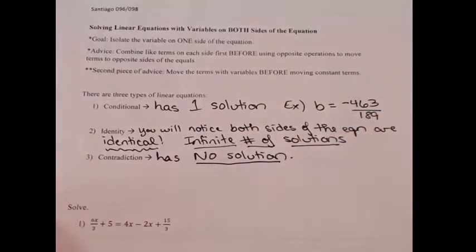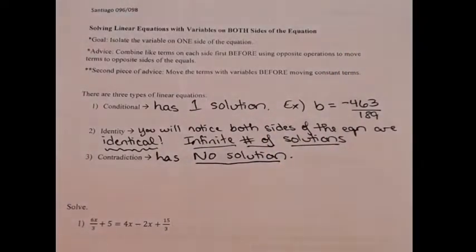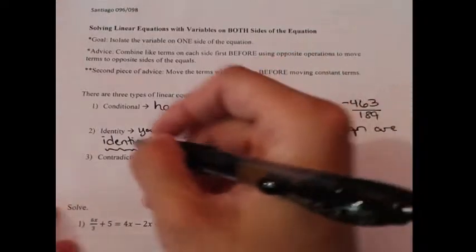Okay, it's harder to see until you kind of get used to that. So the idea with a contradiction is that the terms with a variable on opposite sides are identical, but the constants are different. So I'll give you a quick example of what I mean by that.